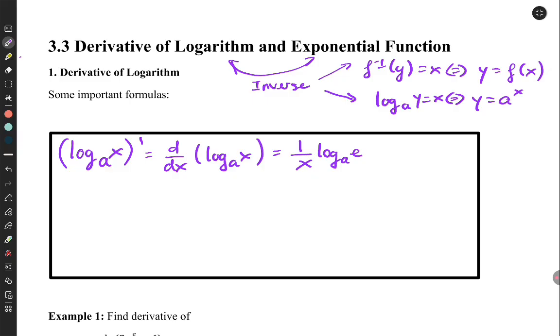There are other ways of writing this. Keep 1 over x, and the logarithm base a of e I can break down into this. I can split the base. For any two numbers a, b, anything, I want to slide another base into the middle and make a division. The numerator gets the b, the denominator gets the a.